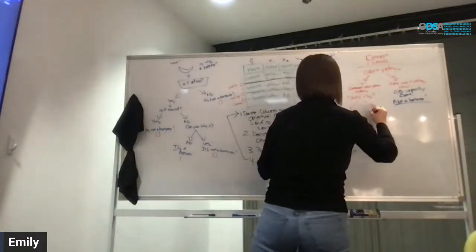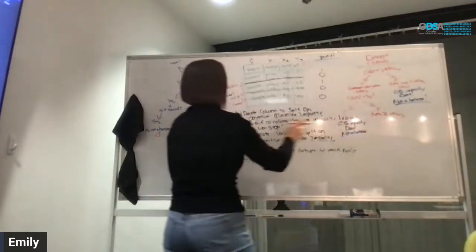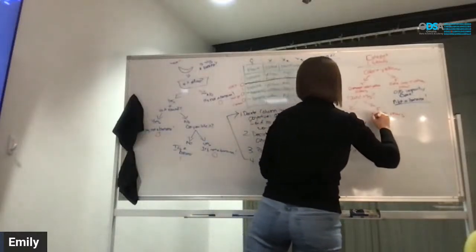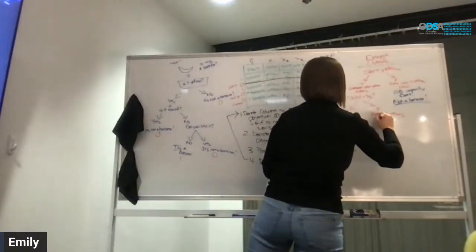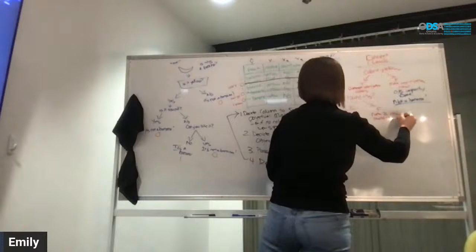All right, so now we have 3 rows here. This is just all the ones where round is equal to no, and color is equal to yellow.